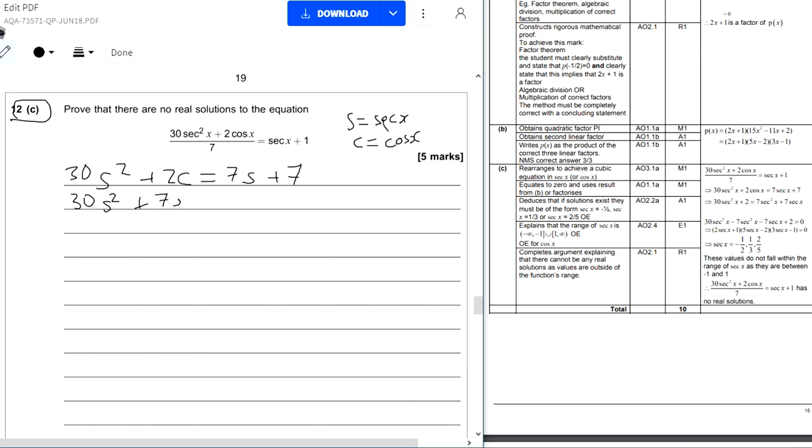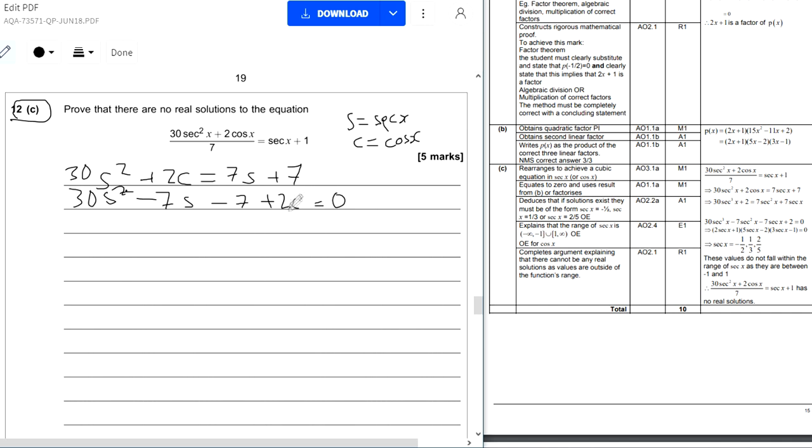That's not right. Minus 7s minus 7 plus 2 equals 0. We're really close to what we want, but this should be cubed, this should be squared, this should be s, and this should have no c.